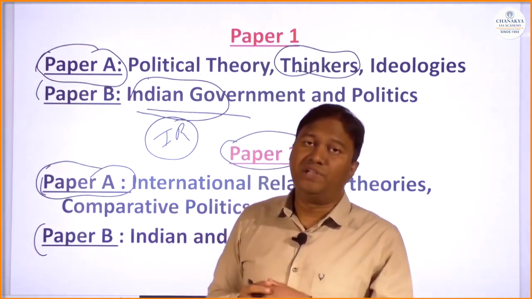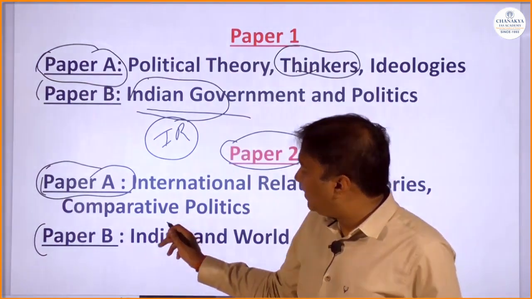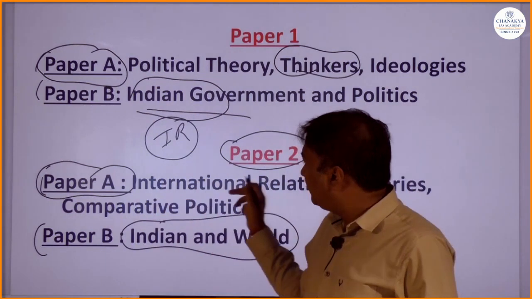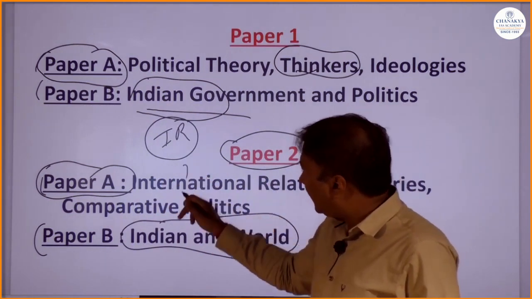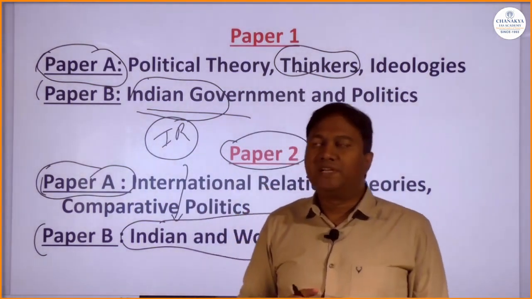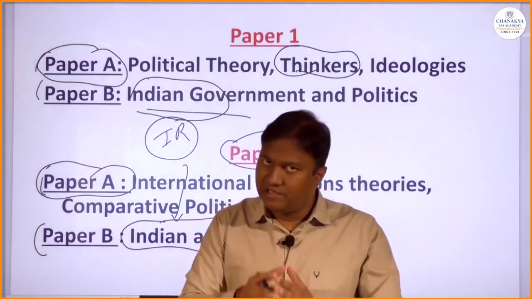Now as far as paper B is concerned, paper B is again about India and the world. In paper A, we are going to study theories, and the application we are going to study in India and the world. How come? For example, in international theories there are two theories. One theory is realism.